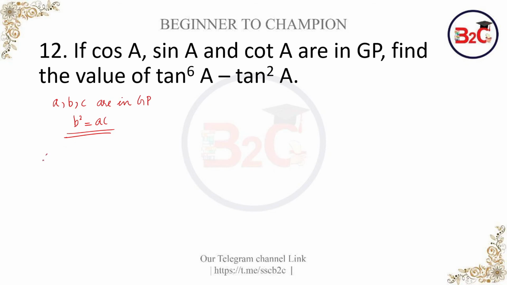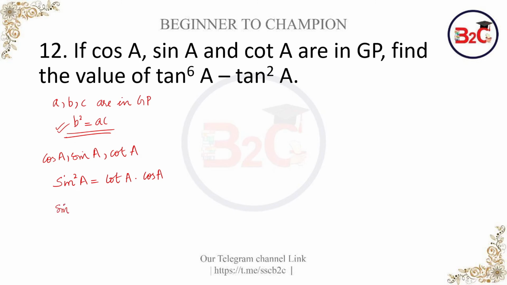This is a property we are going to use to solve this question. So we have been given that cos A, sin A and cot A are in GP. So the middle term is sin A. So using this relation we have sin square A is equal to cot A into cos A. Okay, now I'm going to rewrite cot in terms of sin and cos.